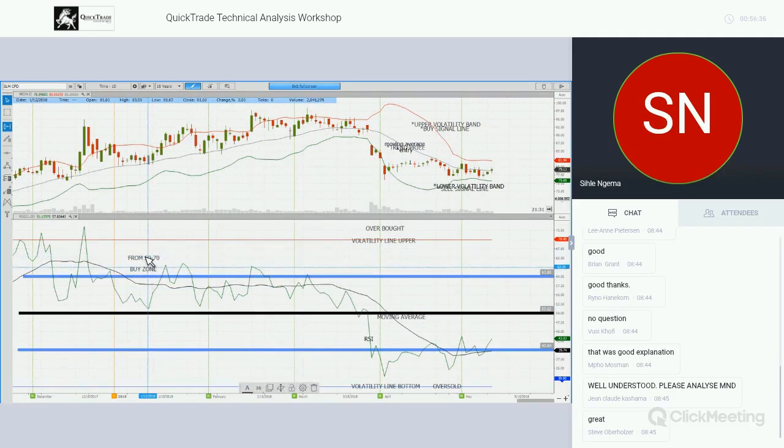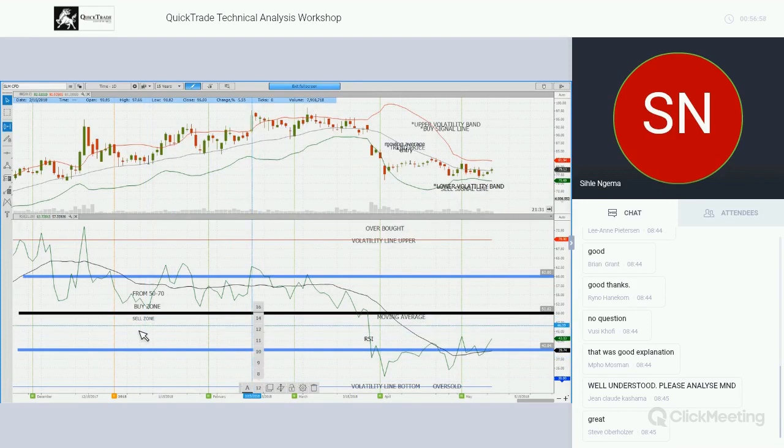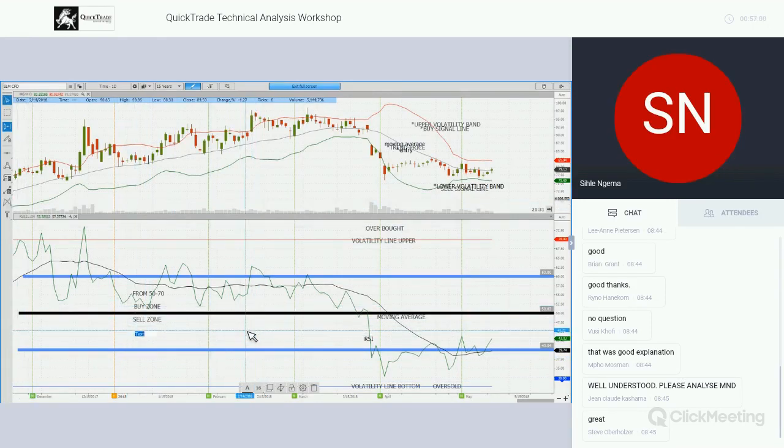So I'll put buy zone from 50 going towards 70, and then from 50 again, or 49, sell zone. Our sell zone is from 50 going towards 30. From 50 going towards 30, it's our sell zone, right?